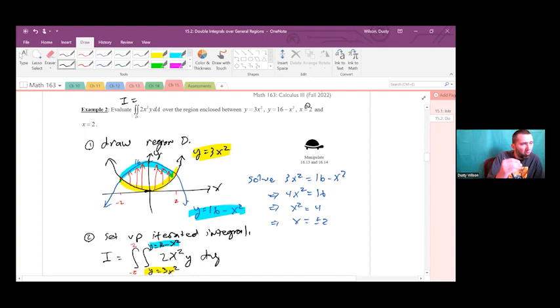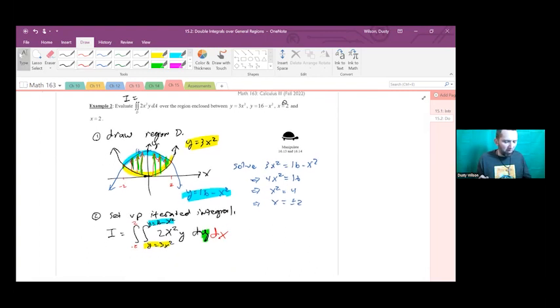All of these arrows are parallel to the y-axis, so we have a dy, and then that means our outer limit is going to be dx. So we're going from left to right.